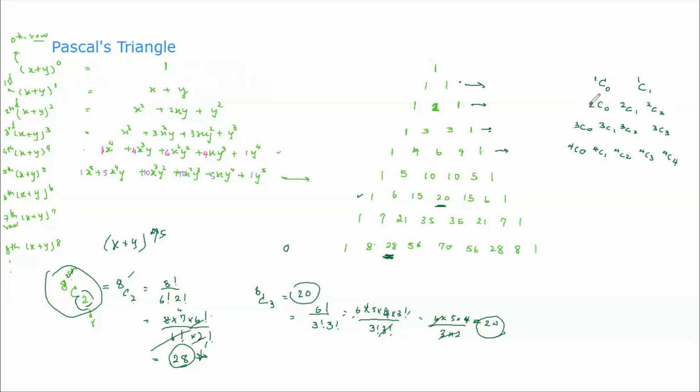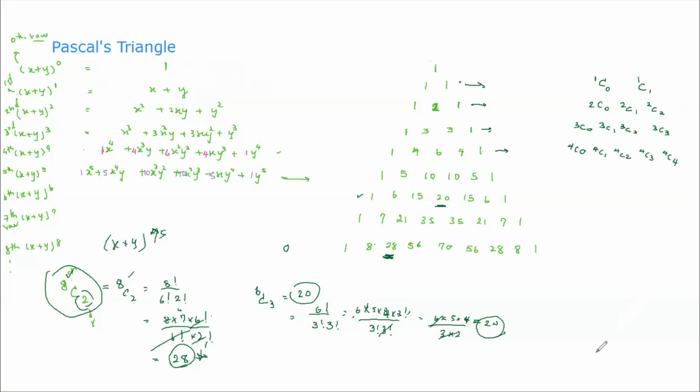So we know this is the second row. And the third row is going to be 3C0, 3C1, 3C2, 3C3, and the fourth row is going to be 4C0, 4C1, 4C2, 4C3, 4C4. So come back to this question.